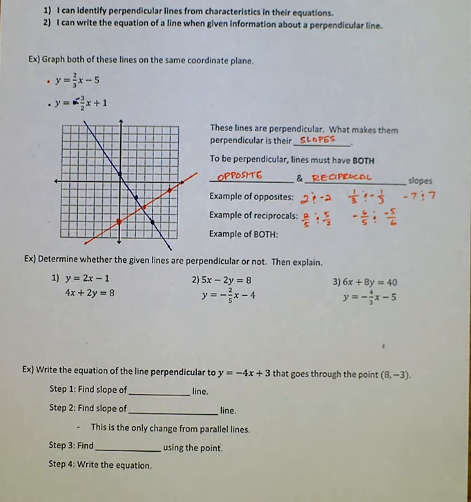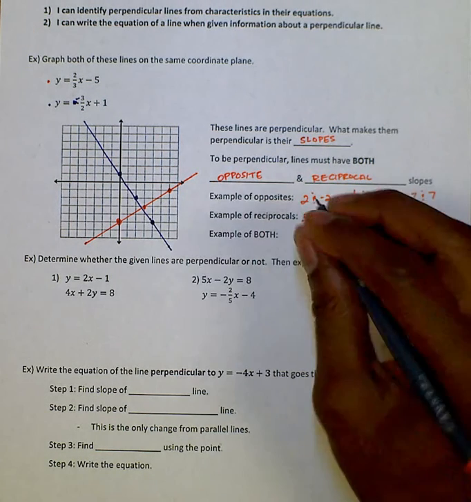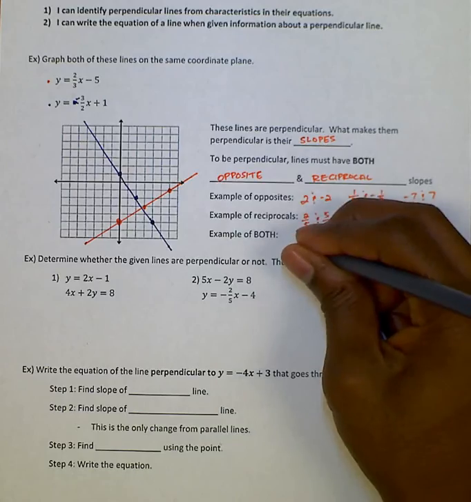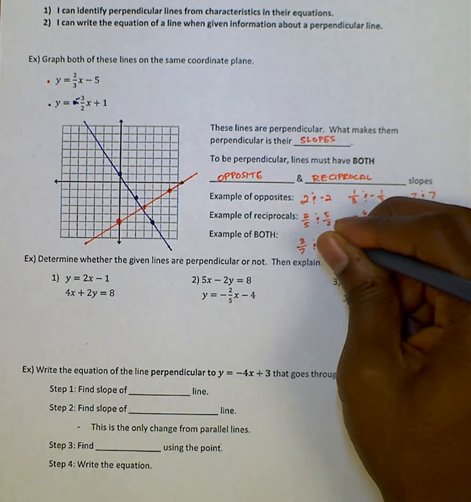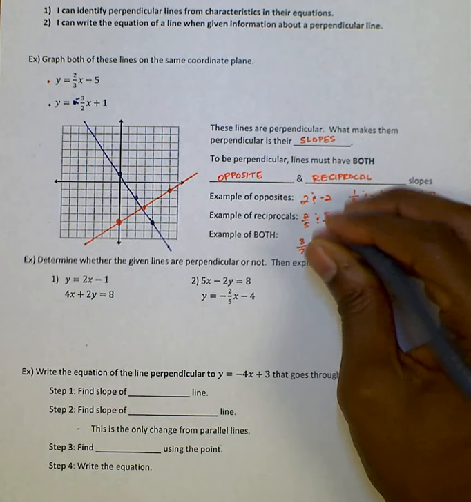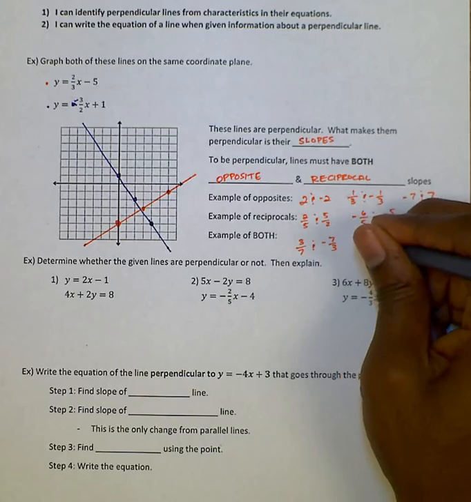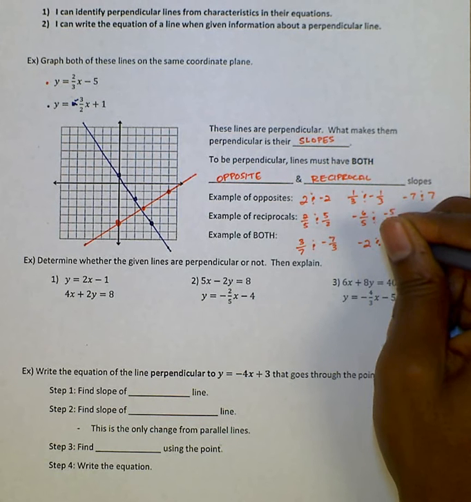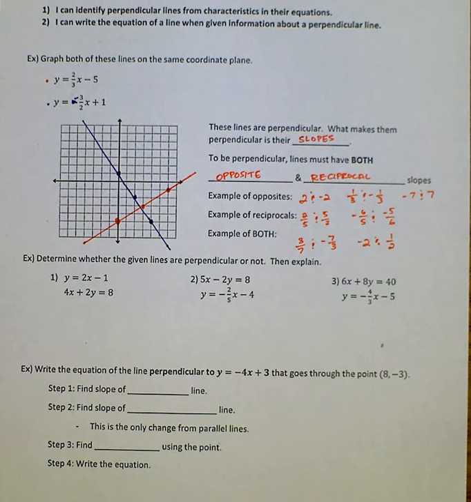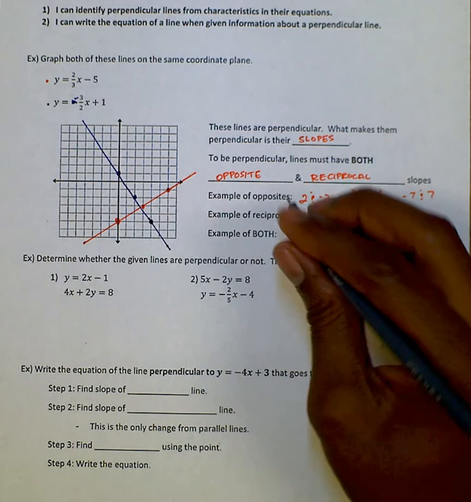So opposite reciprocals would be like if I had 3/7 and -7/3, or -2 and +1/2. These are what we need.